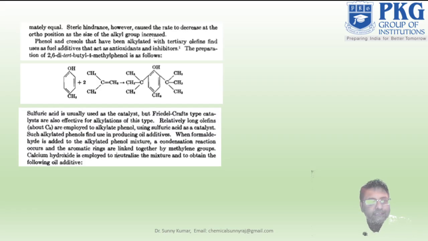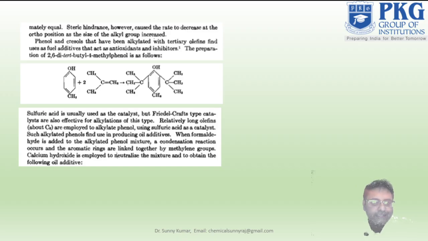Sulfuric acid is usually used as a catalyst, but Friedel-Crafts type catalysts are also effective for alkylation of this type. Relatively long olefins are employed to alkylate phenols using sulfuric acid as catalyst. Such alkylated phenols find uses in producing oil additives.